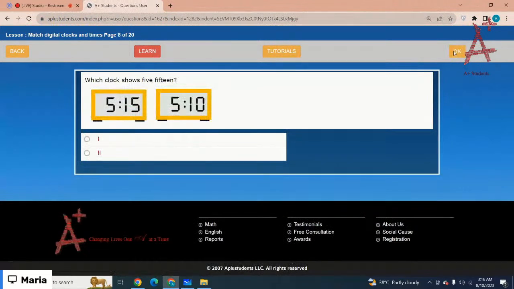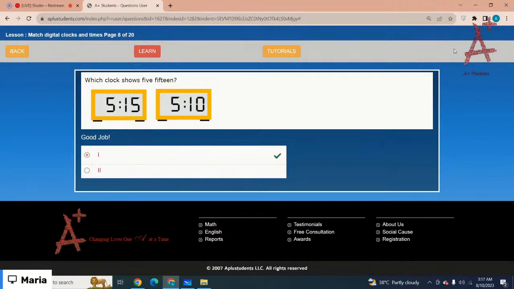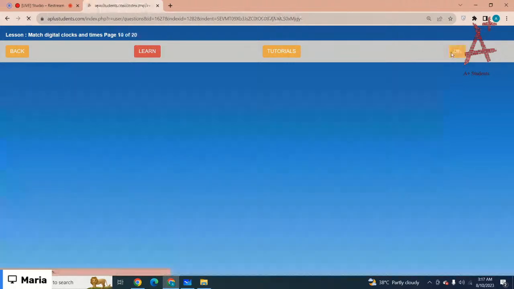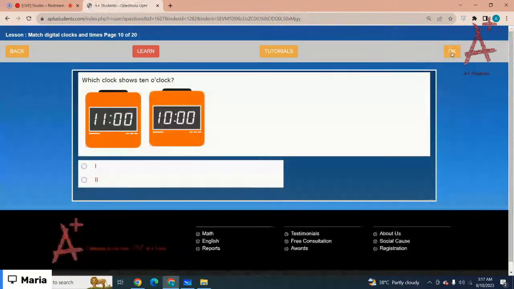Okay, which clock shows 5:15? Which is the correct option, 1 or 2? That would be option number 1 that represents the 5:15, right? 9:15, that would be option number 1. Which clock shows 10 o'clock? Which is the correct option, 1 or 2?